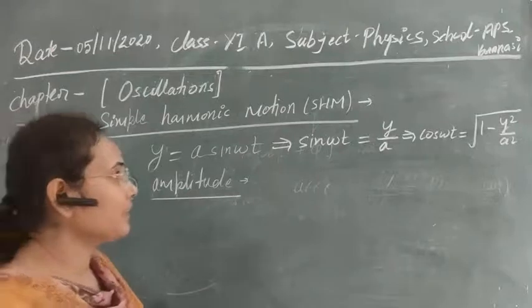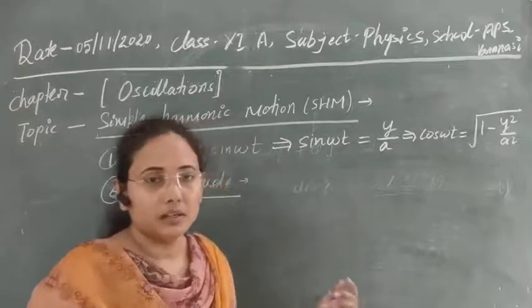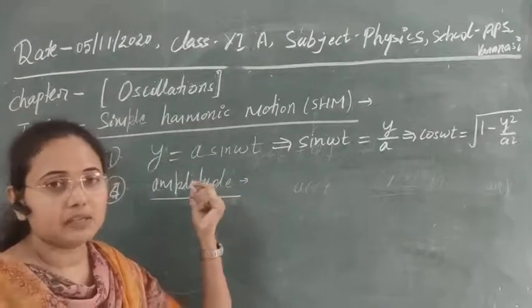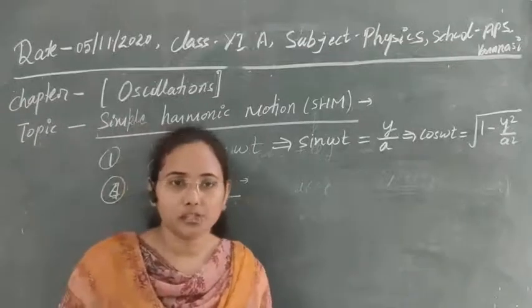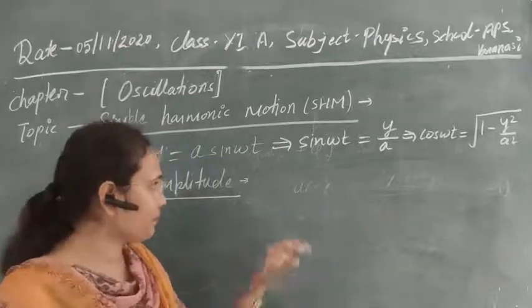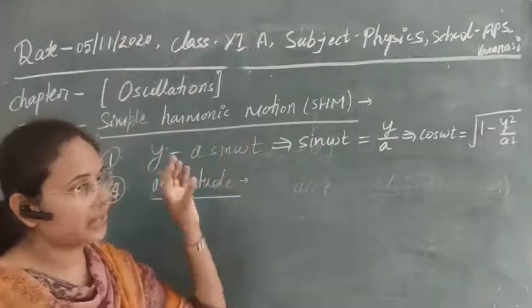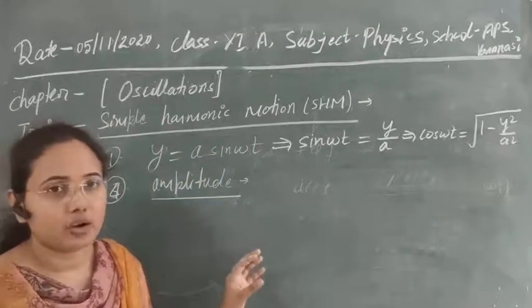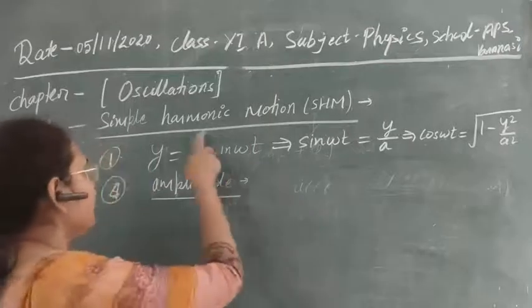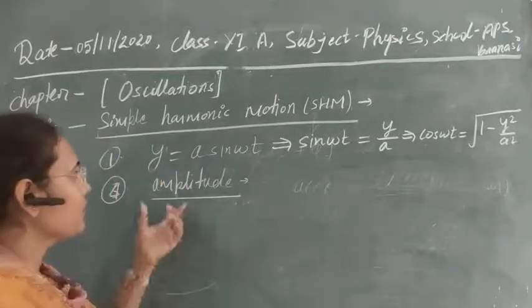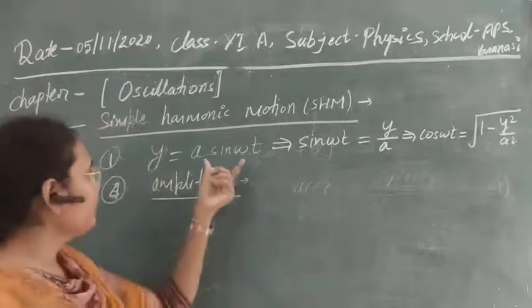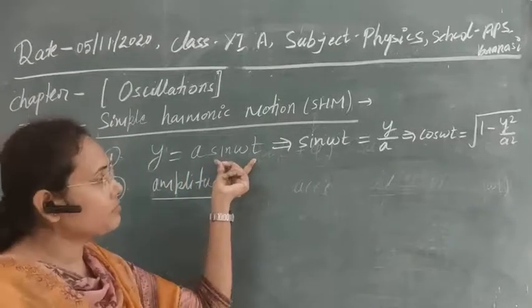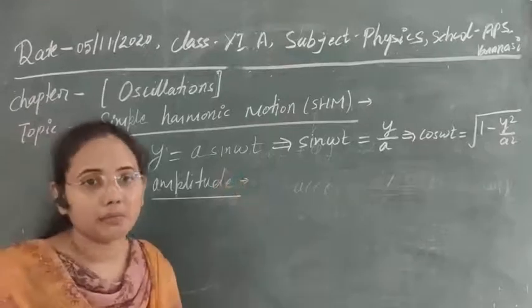As you know, amplitude is that displacement. Simply in one word, amplitude is the maximum possible displacement. It is the maximum distance in any oscillatory motion. So if we see this equation, to calculate the maximum displacement we have to take the value of sine or cos omega t to be maximum.